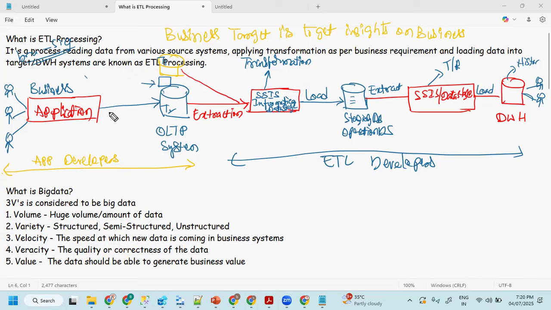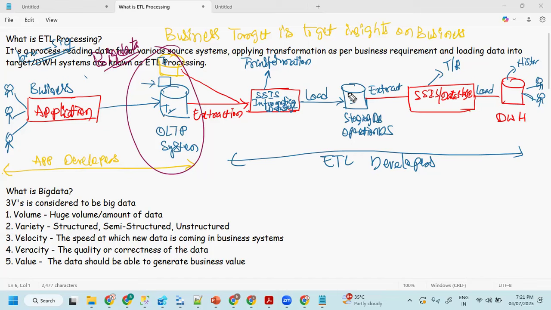Okay. So now the problem with the existing ETL processing is that these systems, whatever systems I'm referring to here, are not capable enough to handle big data. I cannot store big data here. That is one of the problems, because these systems are monolithic, a single system. Data is going to be stored in a single system only.